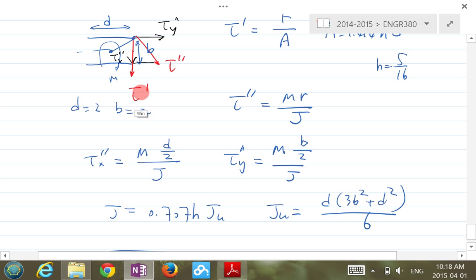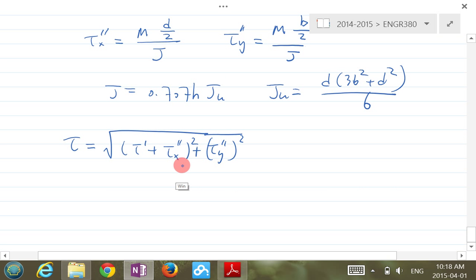That makes sense, right? That's what you get. So plugging all of these numbers in, you get 9.22 times the force F. So your total shear stress on the throat area is related to the load by this relationship.